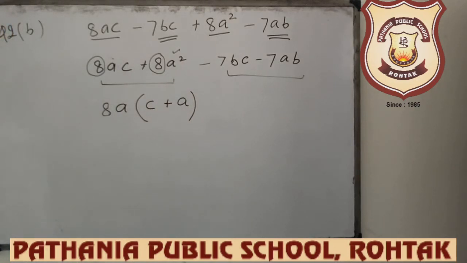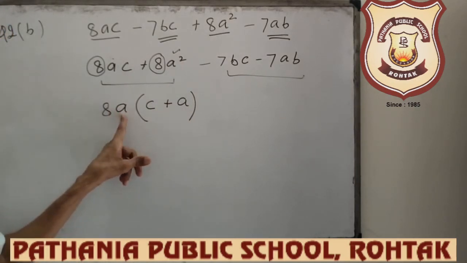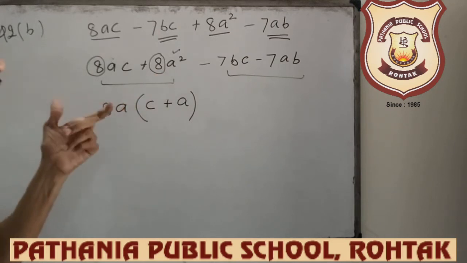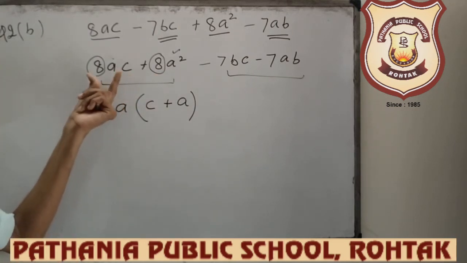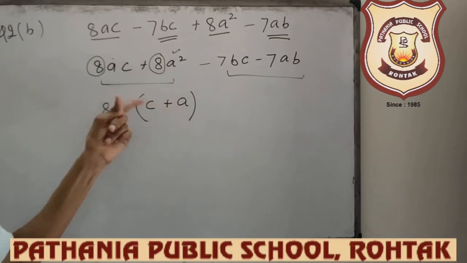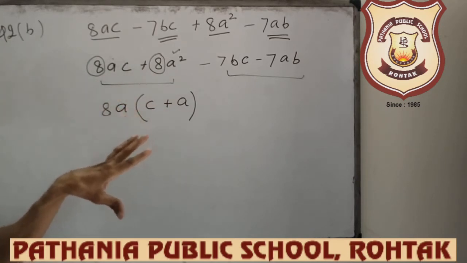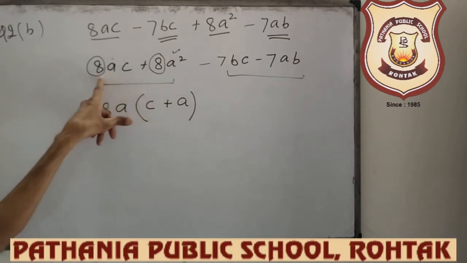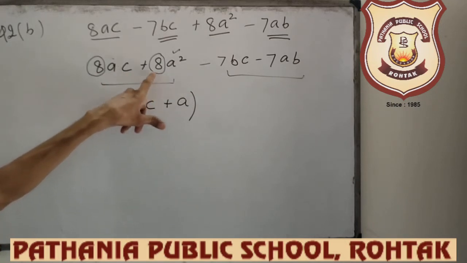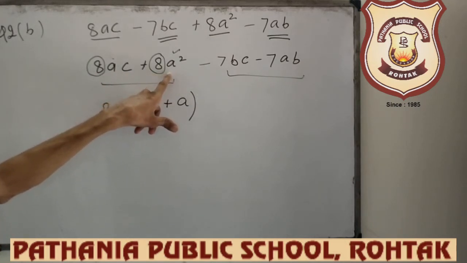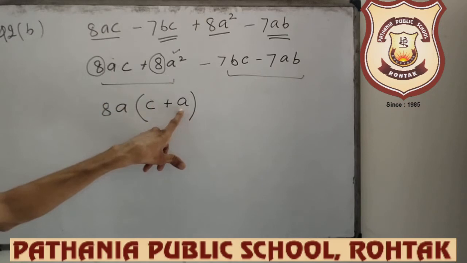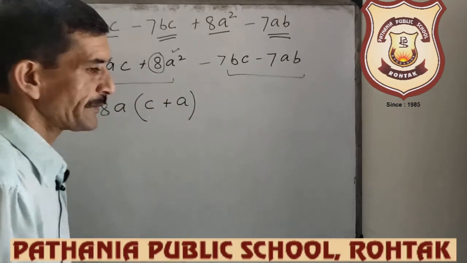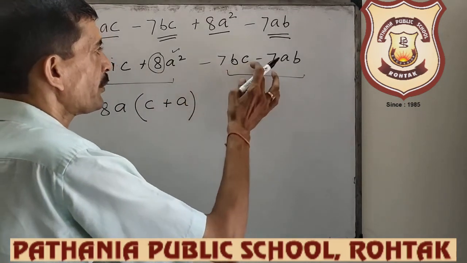A square means a into a, and 1a I write outside. Or you can adopt that method also कि divide both terms by 8a. I am doing that, मैं वही कर रहा हूँ. इसको 8a से divide करेंगे, c is left, and when we divide 8a square by 8a, then only a is left.